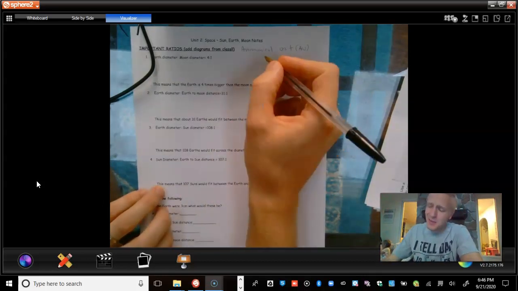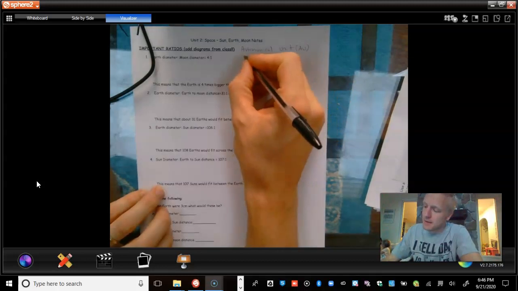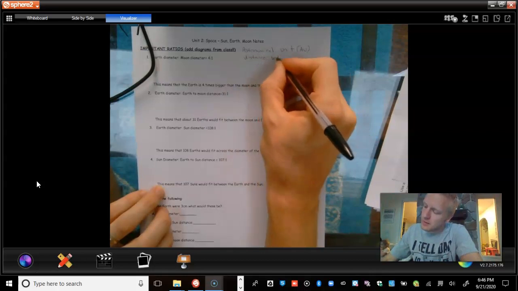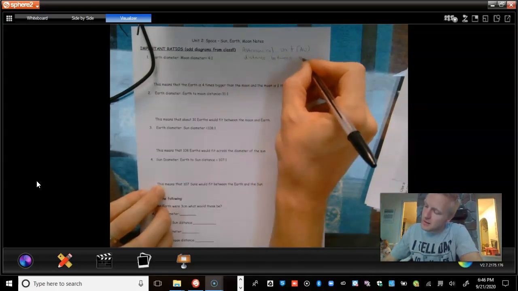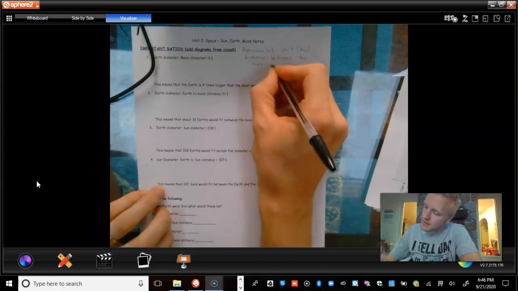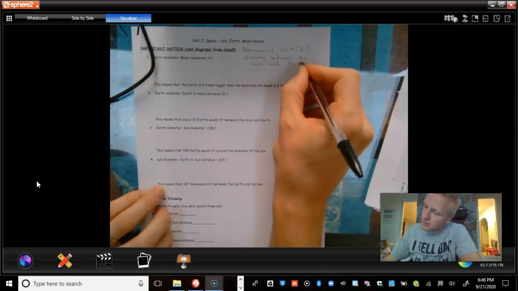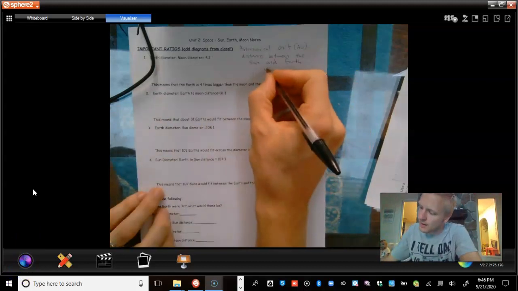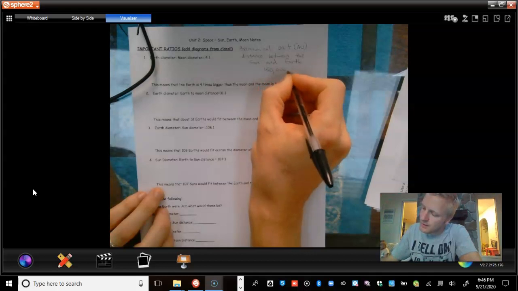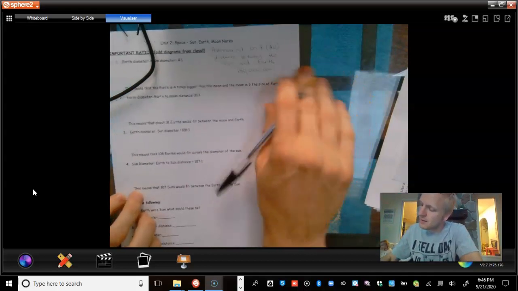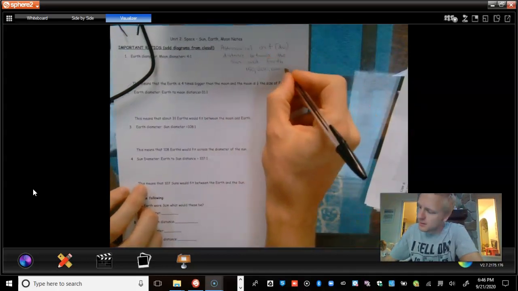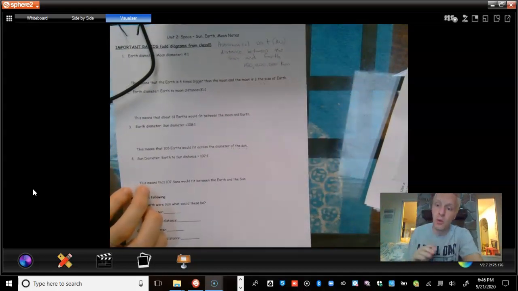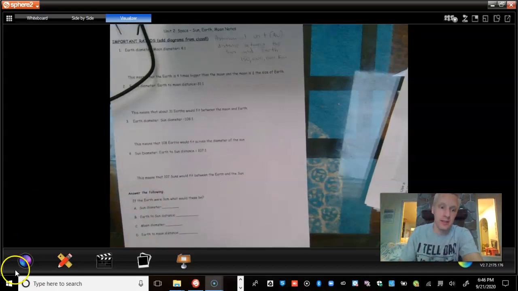An astronomical unit is the distance between the Sun and Earth. It's also known as 150 million kilometers. That is 1 AU, 1 astronomical unit.